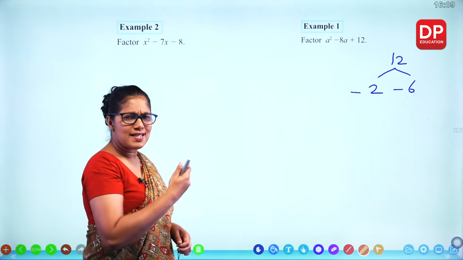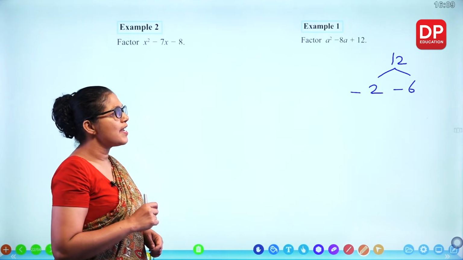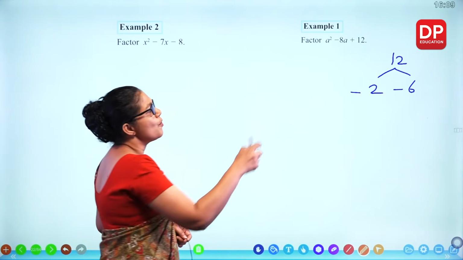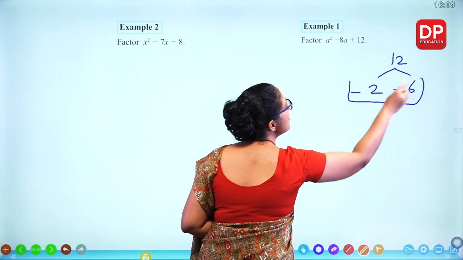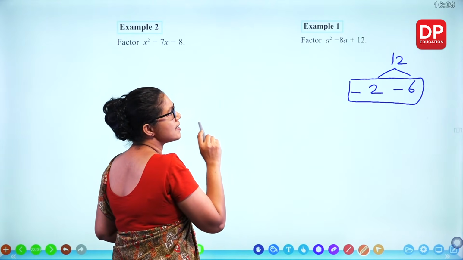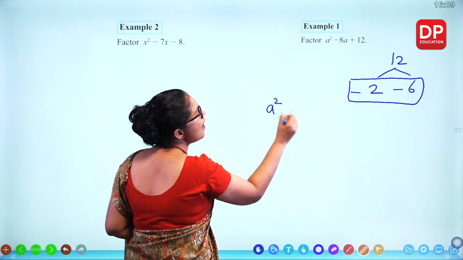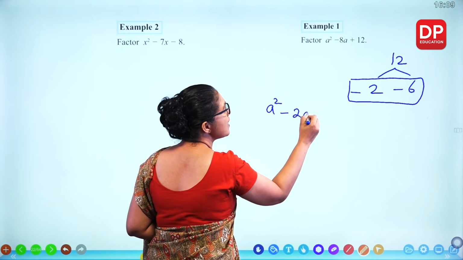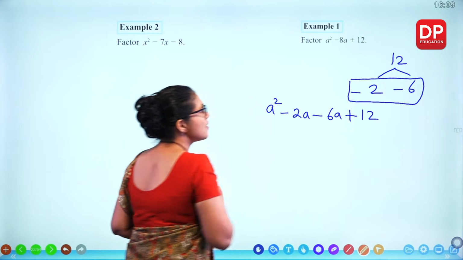When you practice this, you don't need to write down all the factors. Straight away, you can identify the suitable one. So here we can straight away take these as the most suitable factors for minus 8a. So a squared, and instead of minus 8a, I can write minus 2a and minus 6a plus 12.